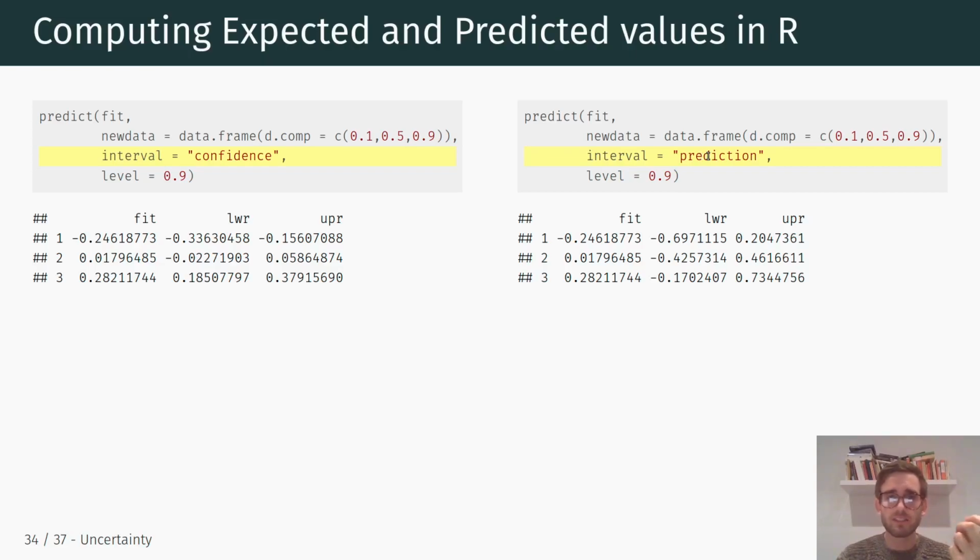You could think of this as the additional uncertainty for individual predictions rather than the uncertainty around the average outcome conditional on x taking a specific value.